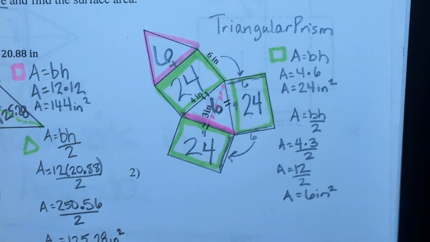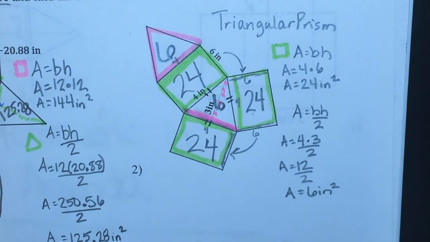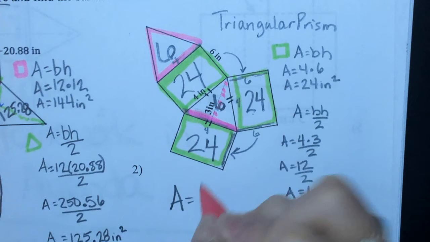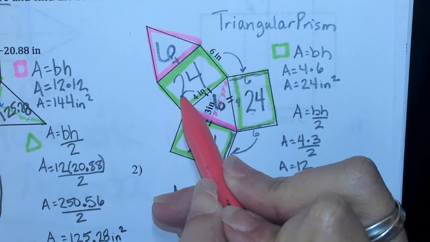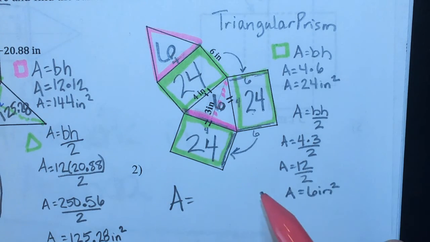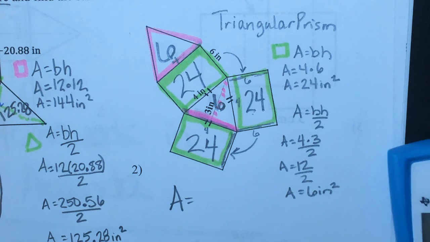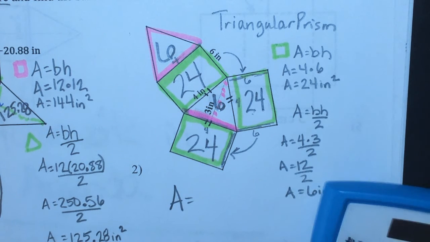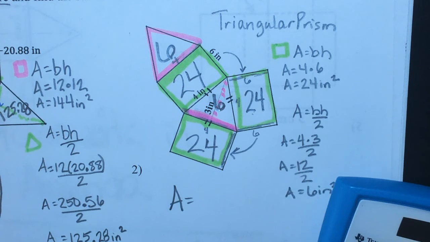Adding it all up, you need, no, don't divide. Listen, all it is 3 24s and 2 6s. You're just adding it up. 24 plus 24 plus 24 plus 12. 84. 24 times 3 is 72.